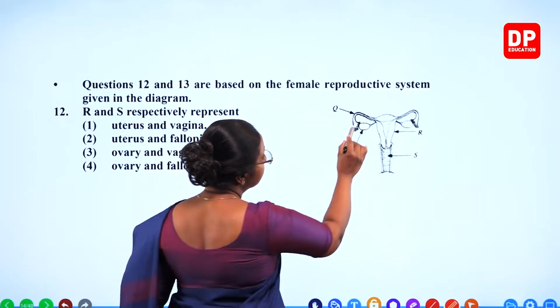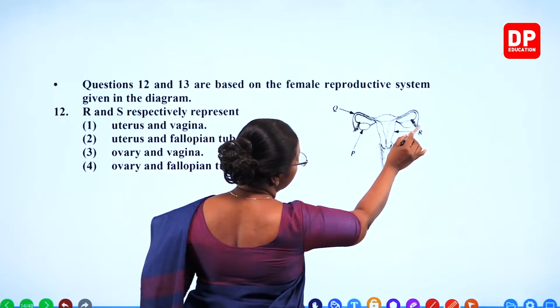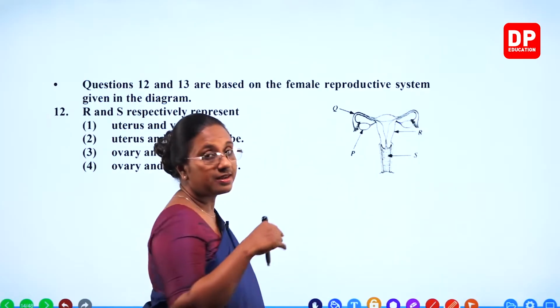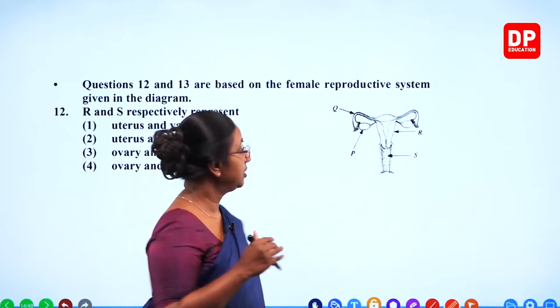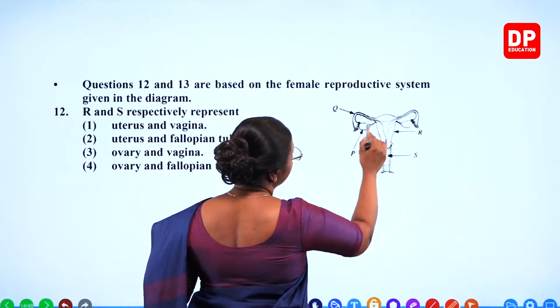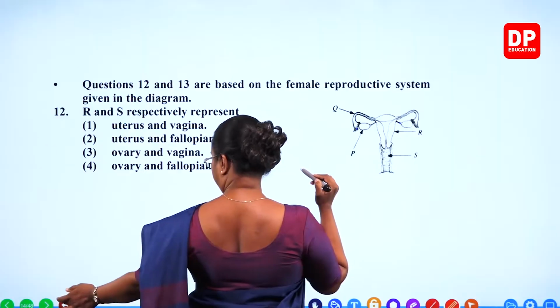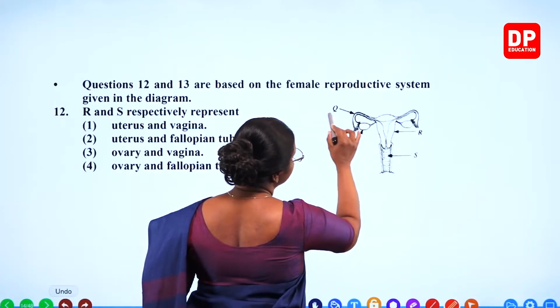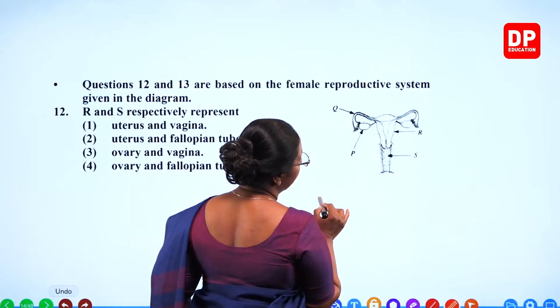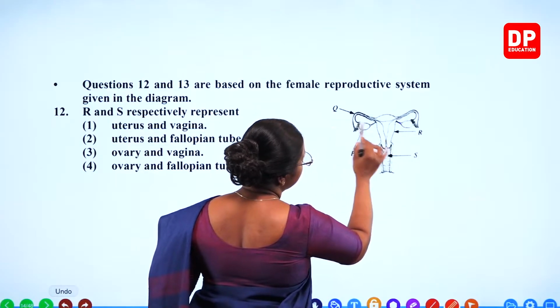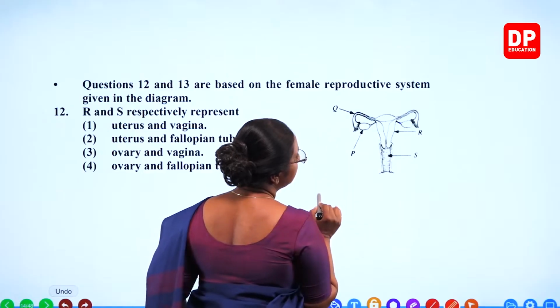Then you can see these finger-like structures on either side. The funnel-like structure with the finger-like projections is the fimbria of the fallopian tube, and that continues as Q, the fallopian tube. On either side you have the fallopian tube extending from the uterus.